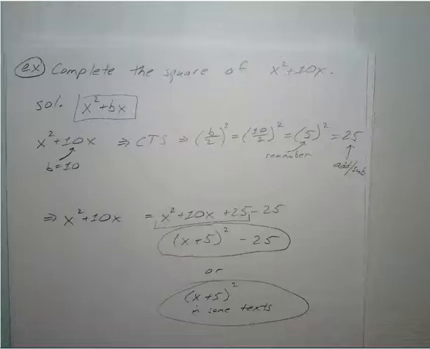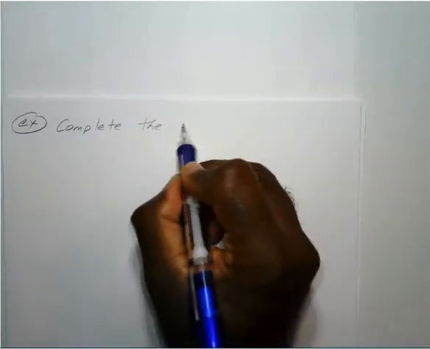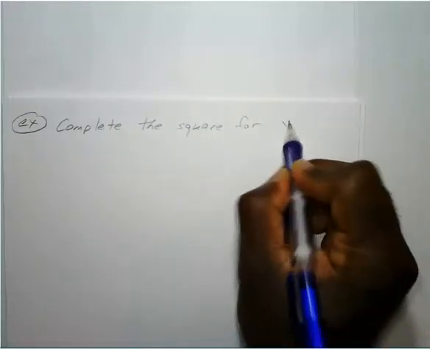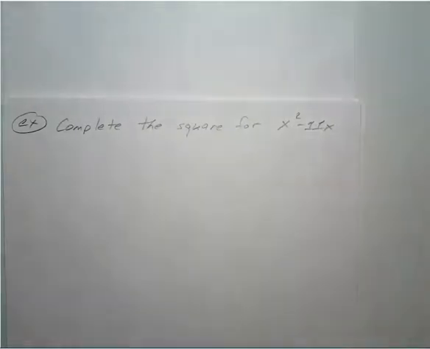Okay, so let's go ahead and do another example. Let's say we want to complete the square for x squared minus 11x.